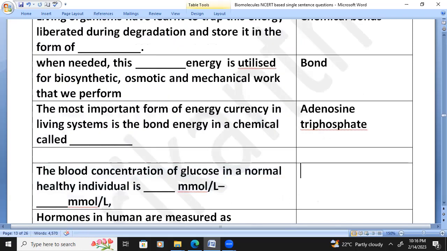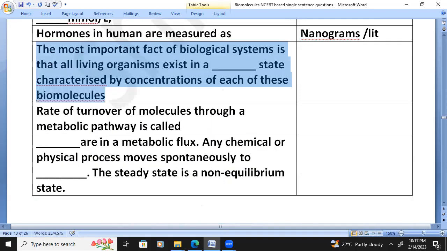The blood concentration of glucose in a normal, healthy individual is 4.2 millimoles per liter to 6.1 millimoles per liter. Hormones of humans are measured as nanograms per liter.